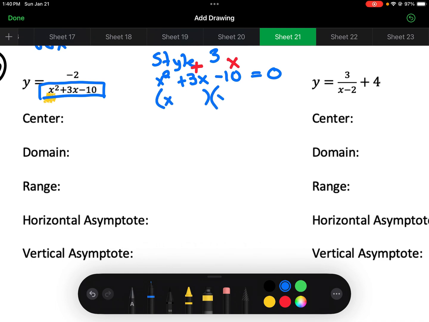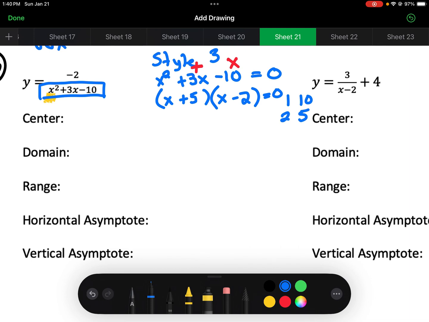I might need to doodle around with some numbers for a little bit. I know 1 times 10 gets me 10, and 2 times 5. How can I multiply to negative 10 but add to 3? Those numbers are positive 5 and negative 2.